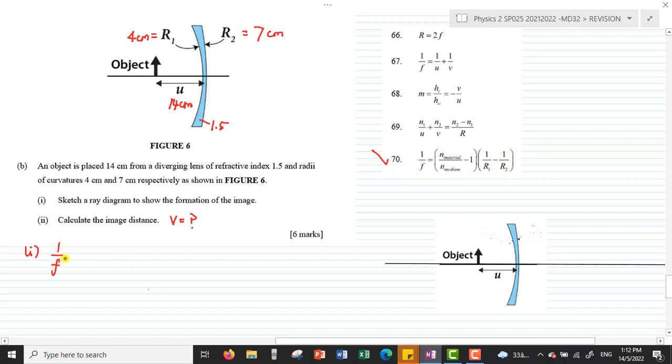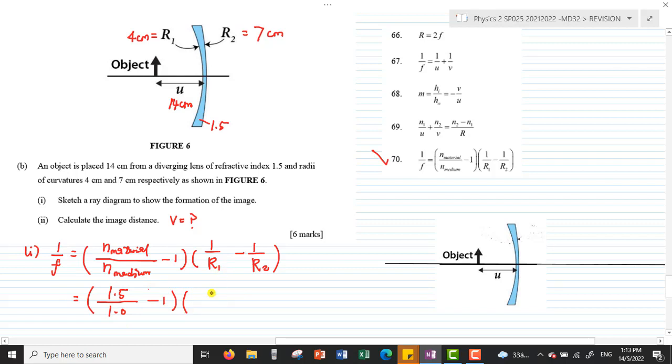So I have 1 over f equals n material over n medium, minus 1, times 1 over R1 minus 1 over R2. Now I put in the values. The refractive index of the material, the lens, is 1.5. This lens is put in air, so the medium is 1.